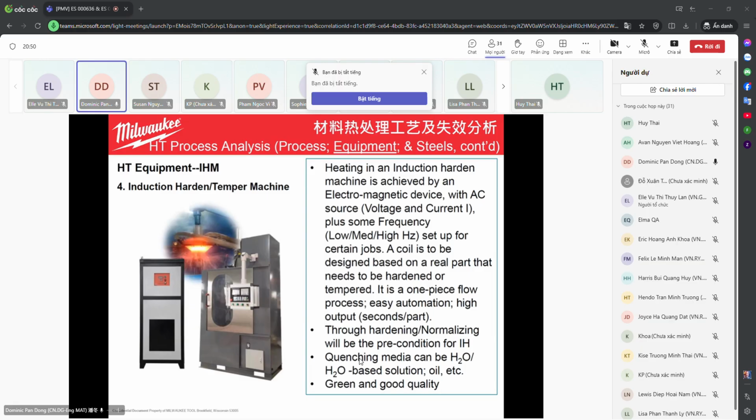This is only used for local hardening or local softening of the parts. Basically, they are motor shafts or sometimes spindle output shafts, so small parts with sometimes one-end or two-end special requirements for surface hardness.